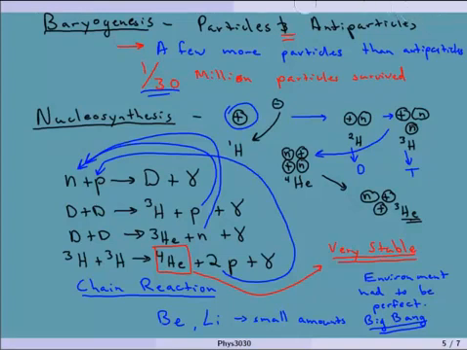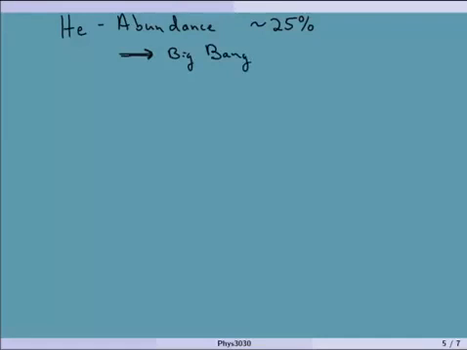Okay, let's see if I can erase this here. And so your book kind of makes a big deal about the helium abundance. And it's about 25% of all of the nuclei that are in the universe are helium, and this amount really does sort of imply the Big Bang and tells us something about how long we were in the different eras.